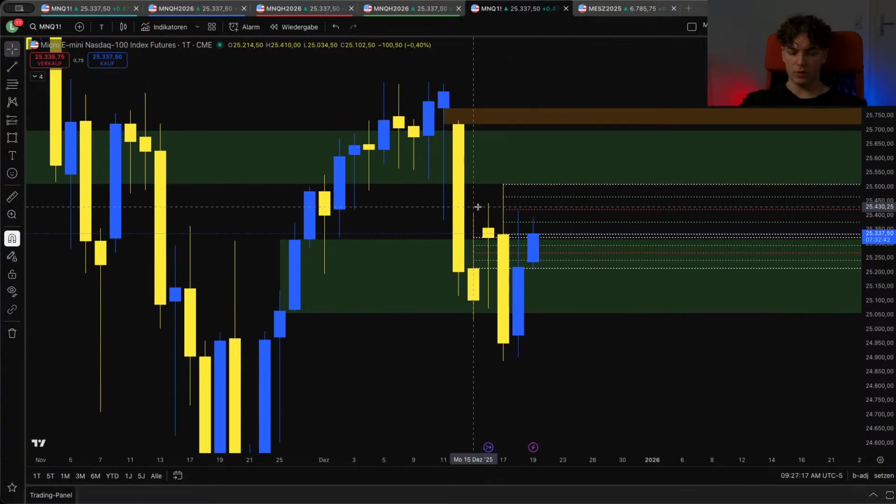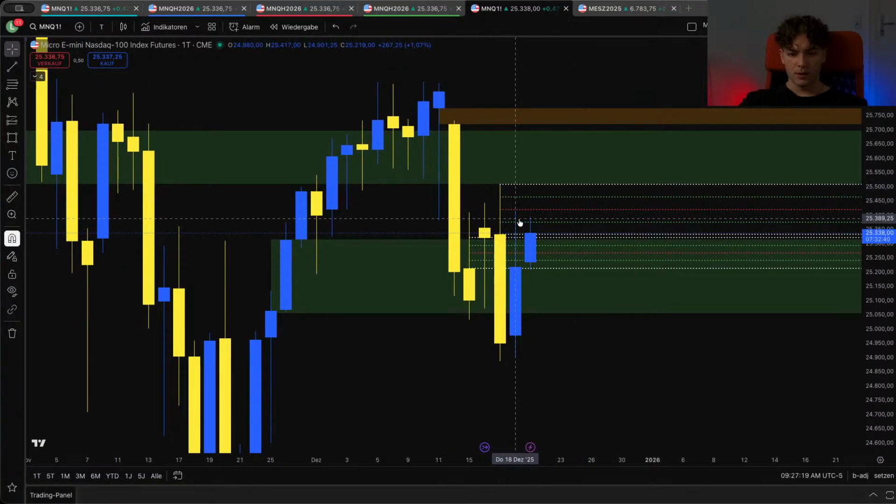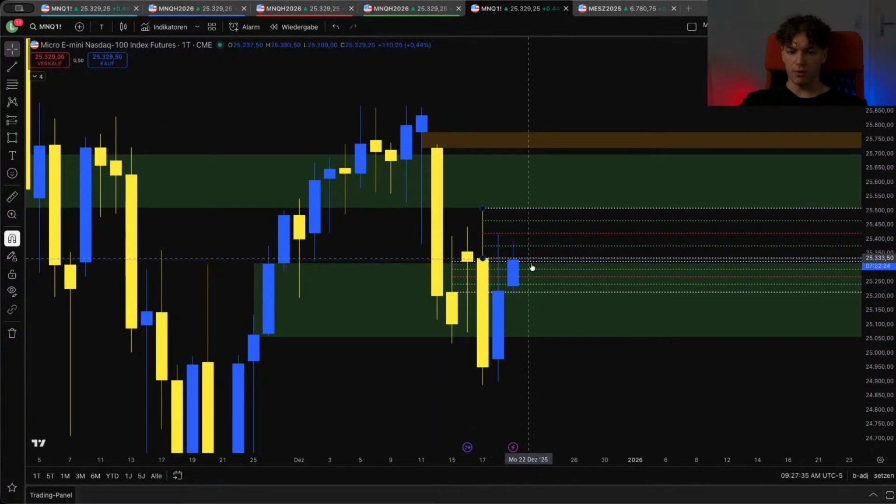So you definitely want to put gradient quadrant levels on this wick, on this volume imbalance, and maybe also on this daily fair value gap, but I guess that's enough for now. You want to see how price is trading inside of that wick.